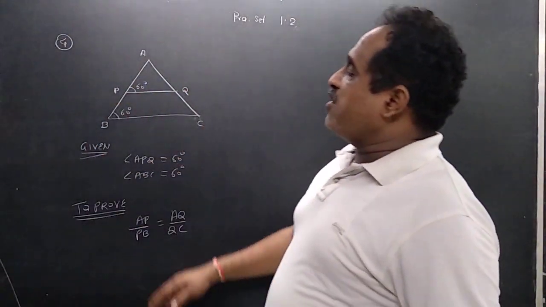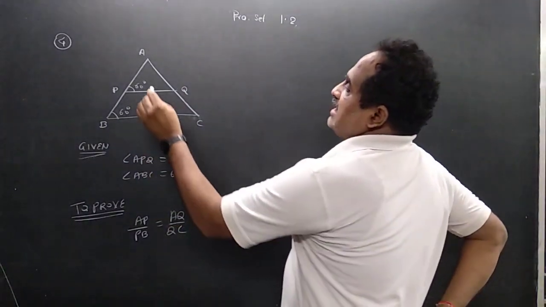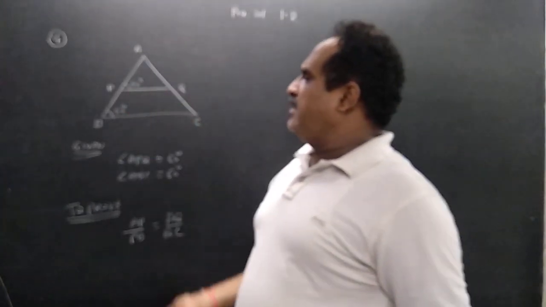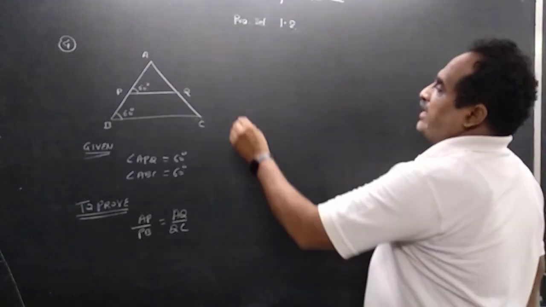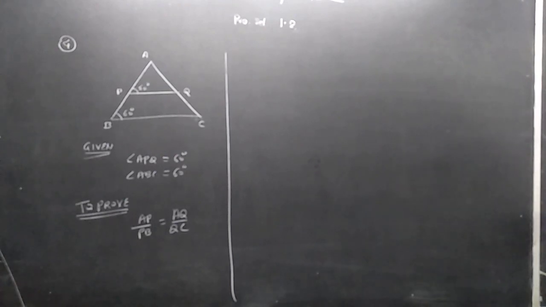Now, in this case, they have not given that PQ is parallel to BC, but these angles are given as 60 and 60. So we know that these two angles are corresponding angles, and when corresponding angles are congruent, then two lines are parallel by the corresponding angle test.